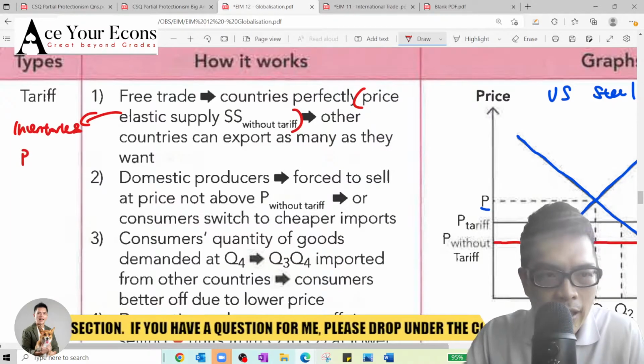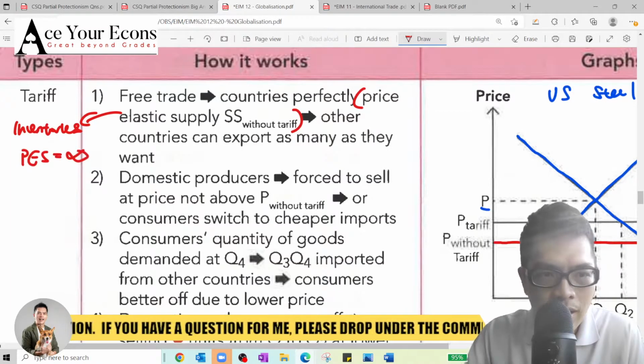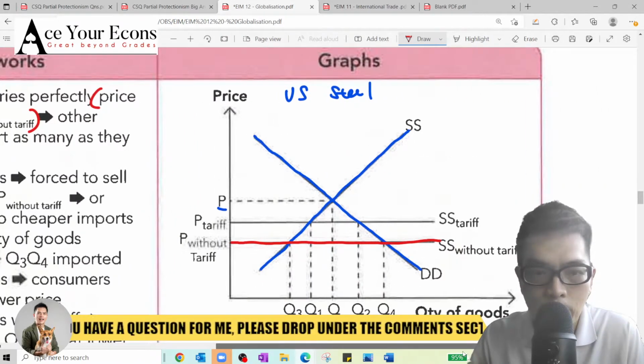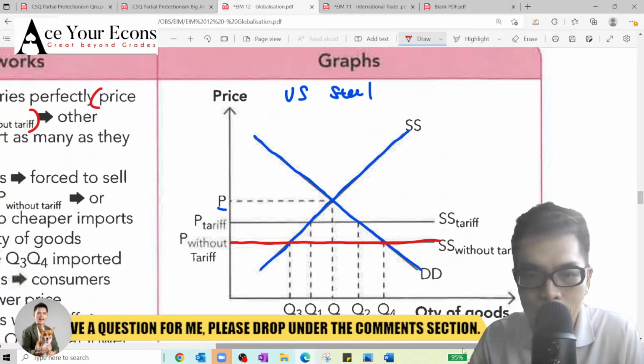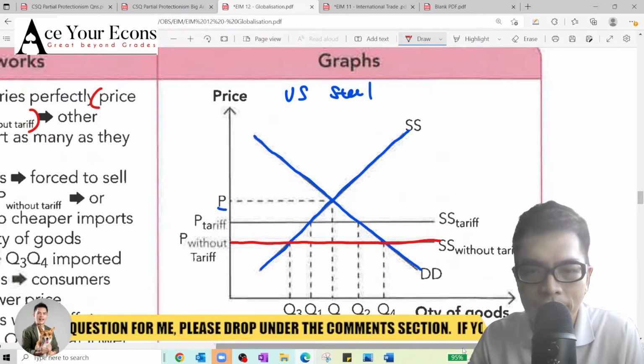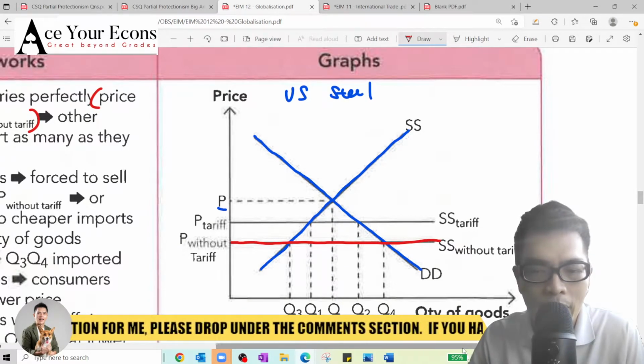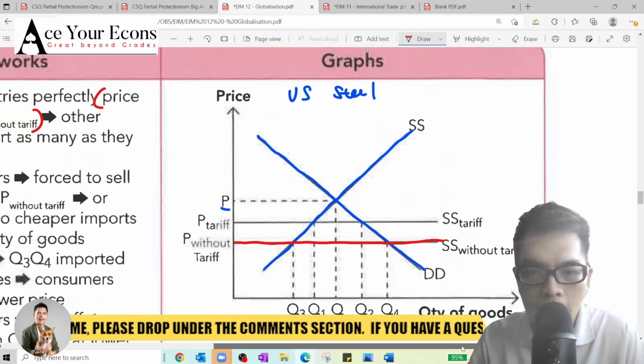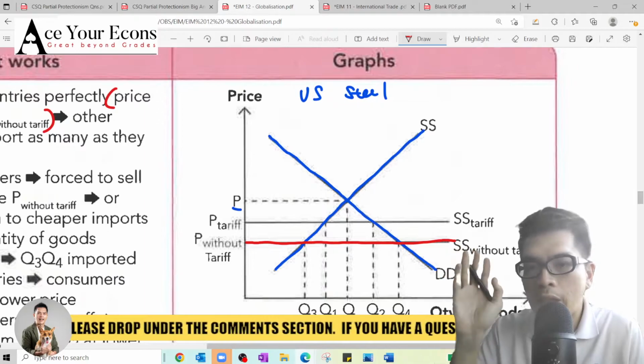If PES is infinitely huge, it tells us that supply is exceptionally responsive to price changes, for every change in price. This is the assumption that we need to make.